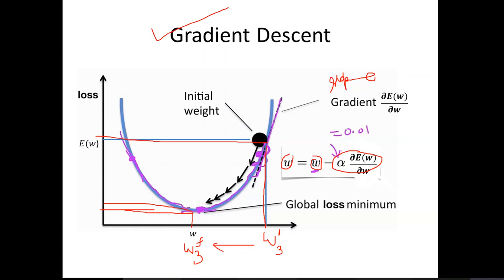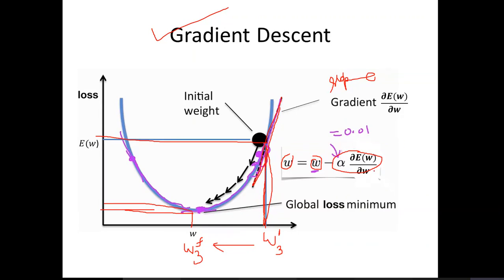So it says the old weight minus alpha into the slope of the curve, but the curve is widespread. Which slope are we talking about? The slope at the current weight. The slope at the current value is obtained from this line. You draw a tangent here and you can easily calculate the slope.